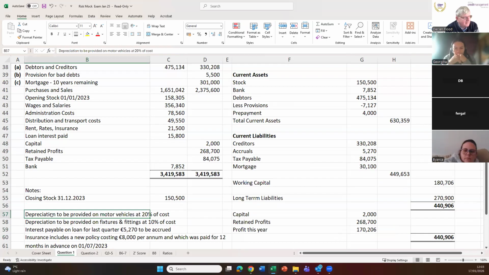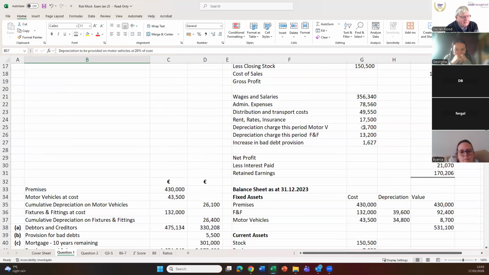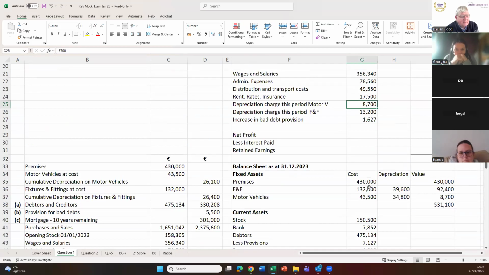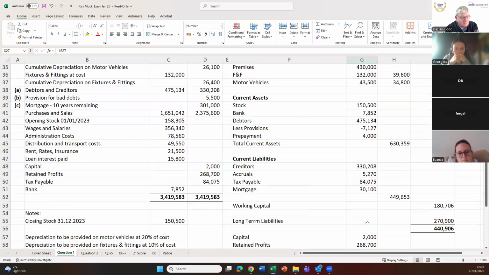So if you look at the depreciation, 20% of cost, your depreciation has gone into your P&L account, and depreciation has also gone into your balance sheet. So your adjustments go in twice. So your increase in provision goes in as an expense, and it also goes into your balance sheet as an adjustment.